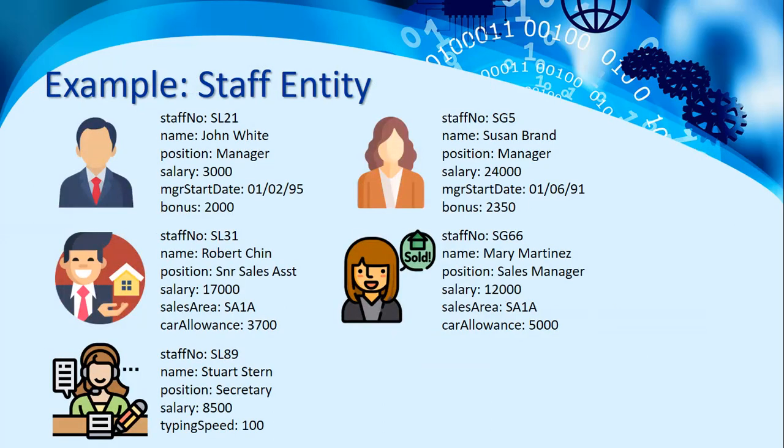For example, we have here a staff entity, and these are the members of the staff entity. Try to observe, just for a few seconds, the attributes for each member or instance of staff, and the values.